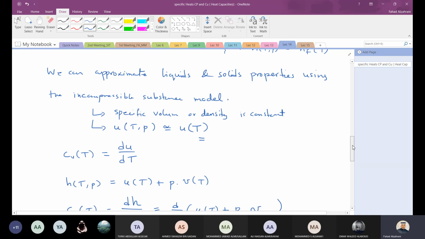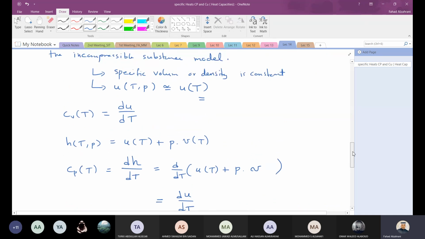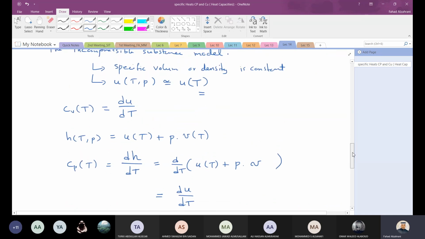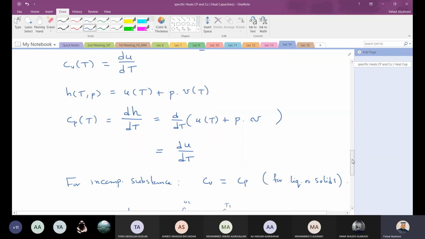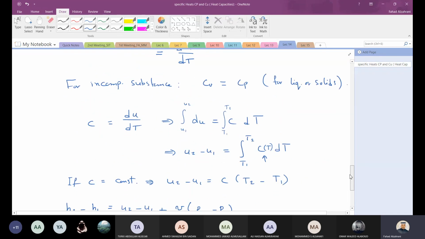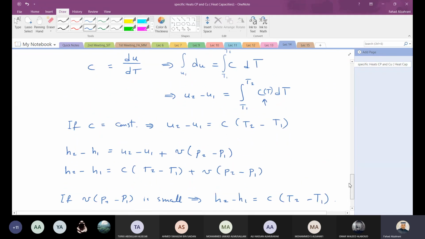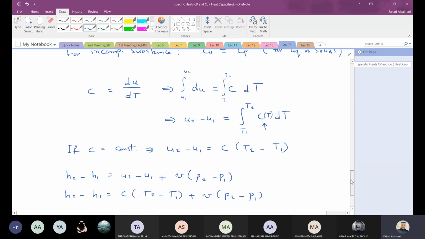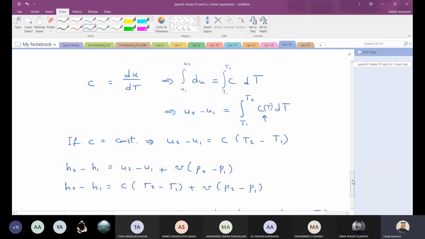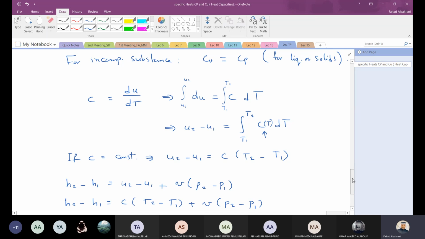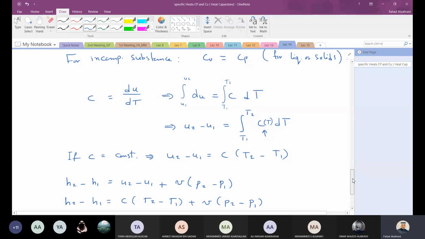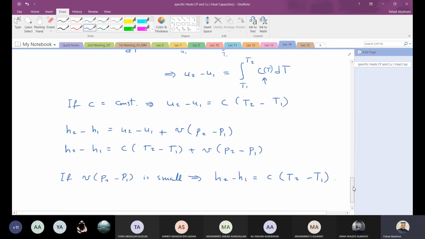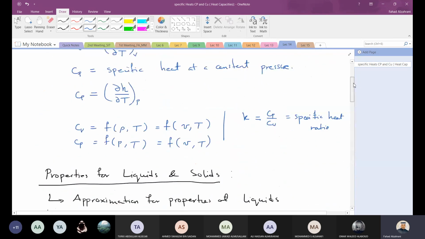The implication is that Cv and Cp are equal for an incompressible substance. We can then calculate delta U and delta H from the specific heat, either for variable specific heat or for constant specific heat. So this is what we talked about last time.